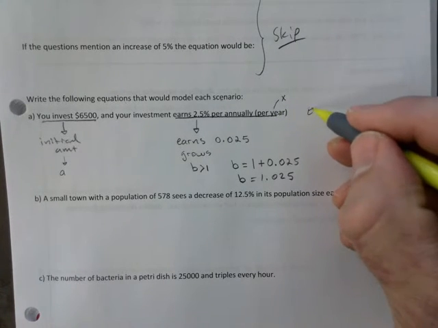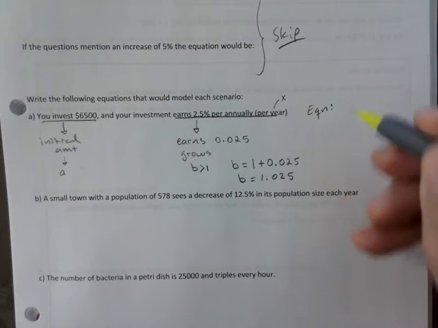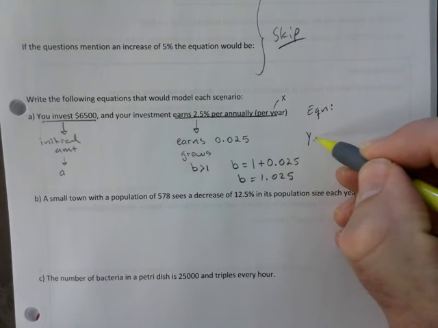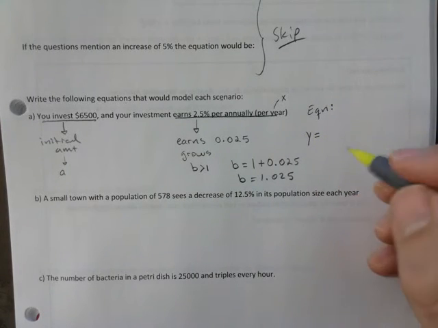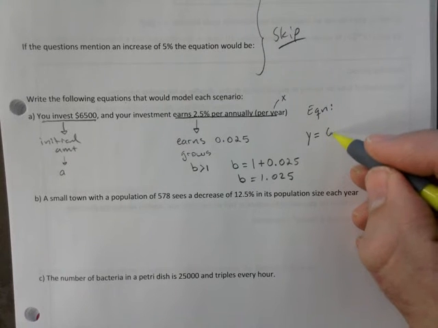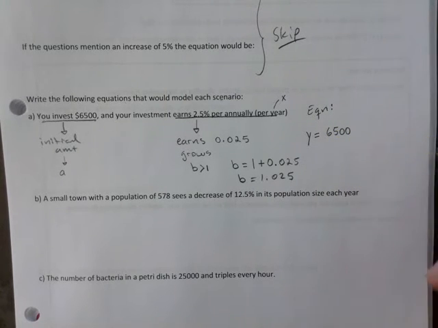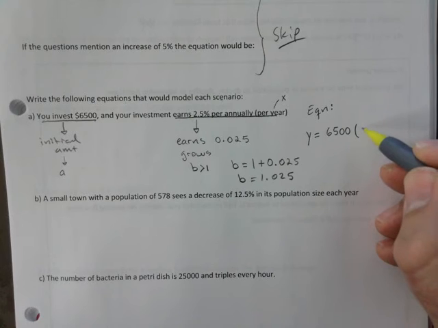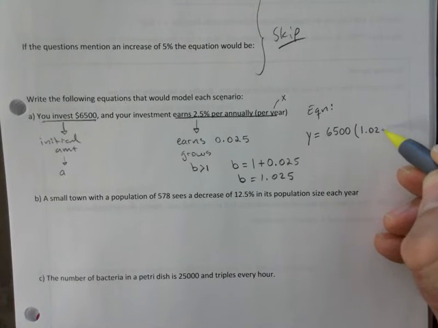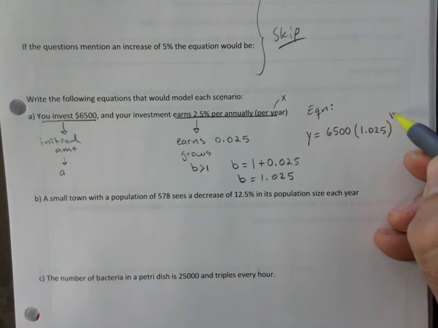So the equation, you ready for this? Y is equal to 6,500 times 1.025 to the power of X.